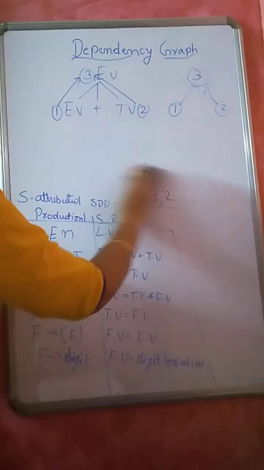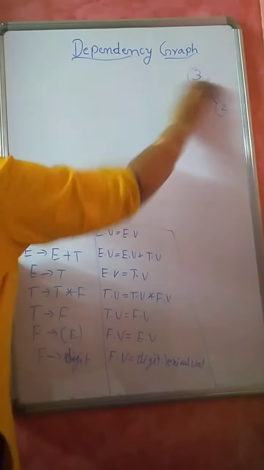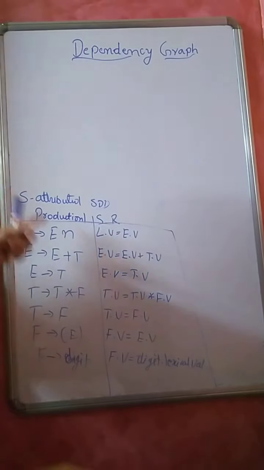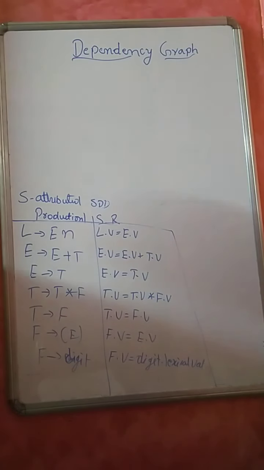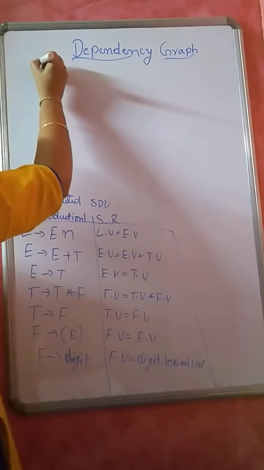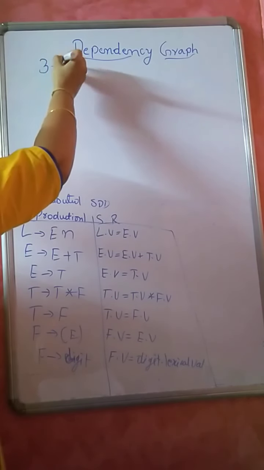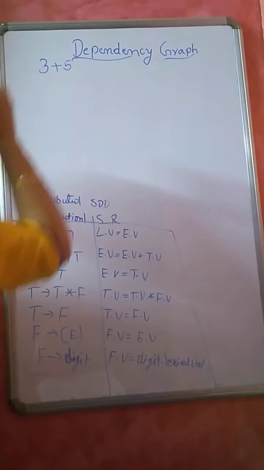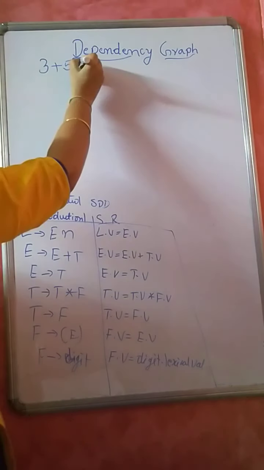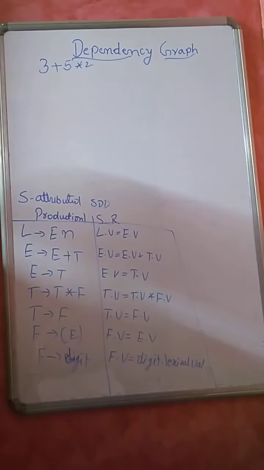Now I will consider this particular S-attributed SDD and construct the dependency graph for an example. Let us consider 3 plus 5 star 2 as an example.